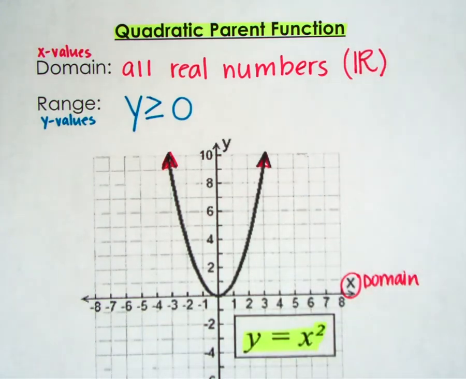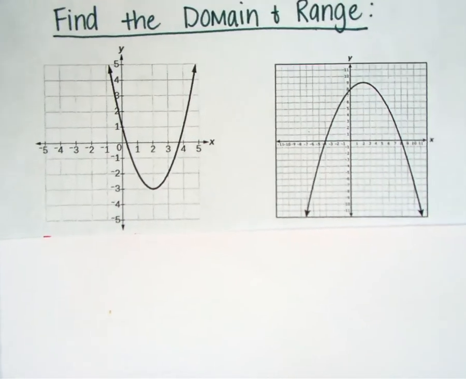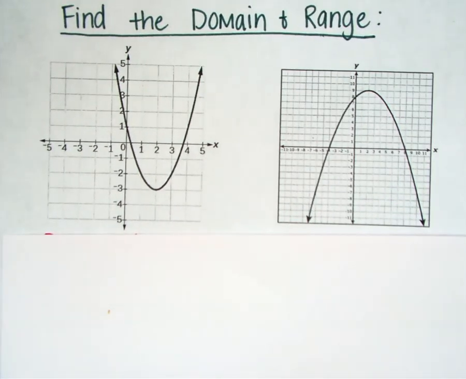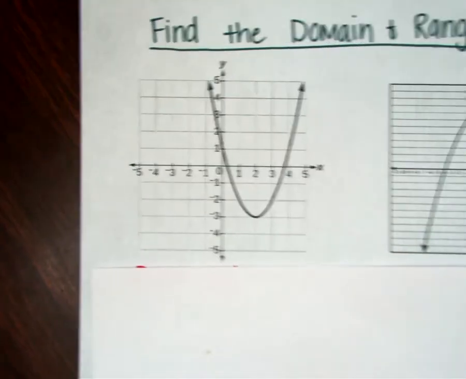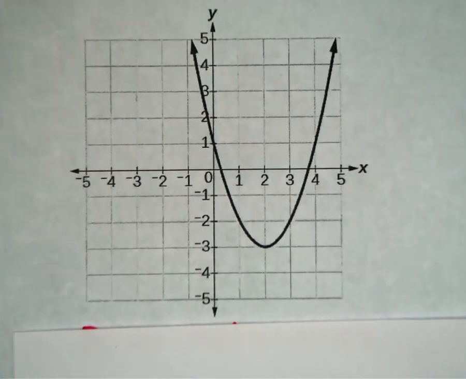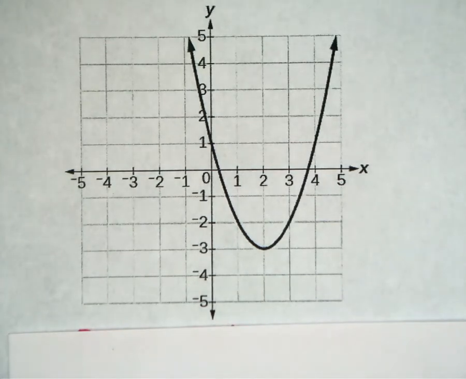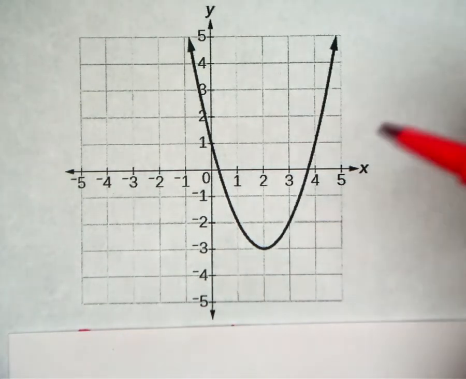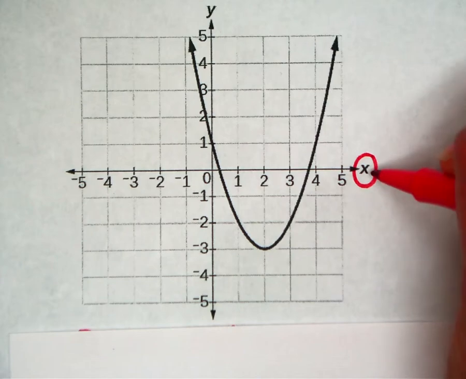Now we're going to look at different graphs of quadratic functions, and we're going to identify the domain and range after being moved from the parent function. So here are two examples. We're going to start with the example on the left. We're going to find the domain first. The domain is your x values. So when I look at this graph, I want to automatically recognize that if I'm looking for the domain, it's x.